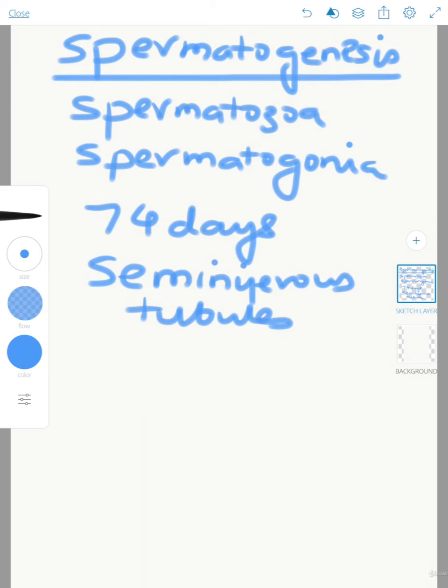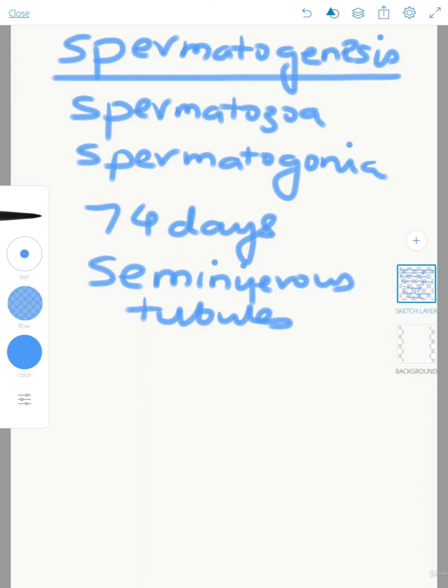Okay, and now the spermatogonia are of two types, type A and type B, and then the type B develops into the primary spermatocyte, which is the largest germ cell in the seminiferous tubule. So the primary spermatocyte is the largest germ cell.